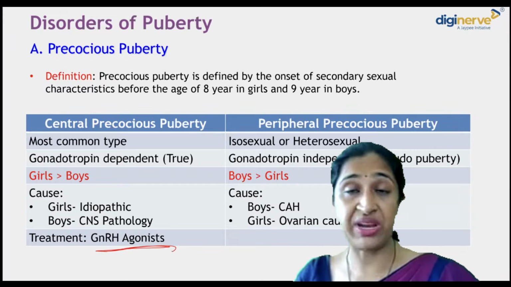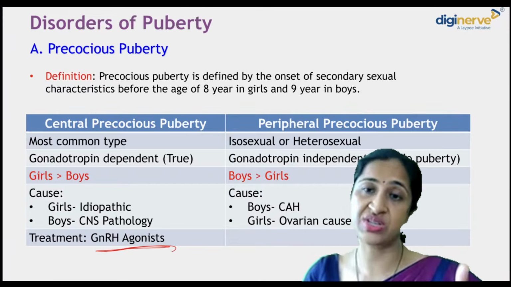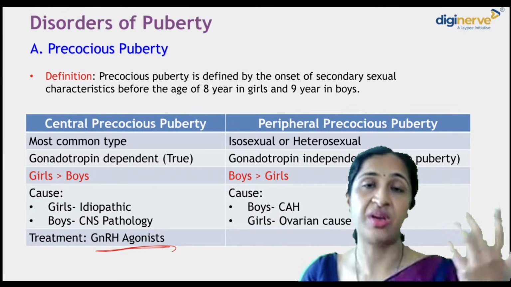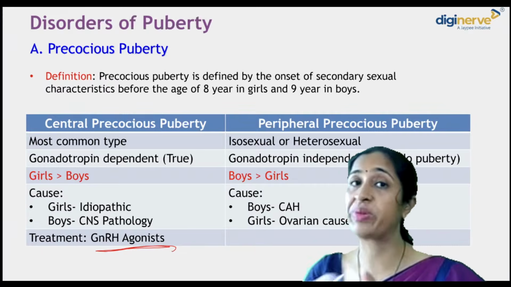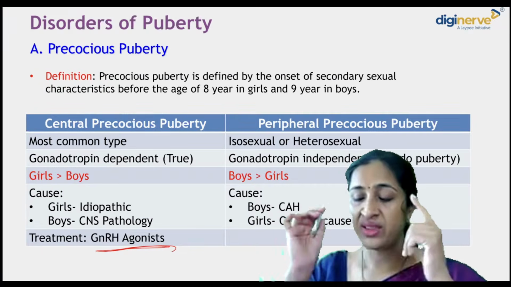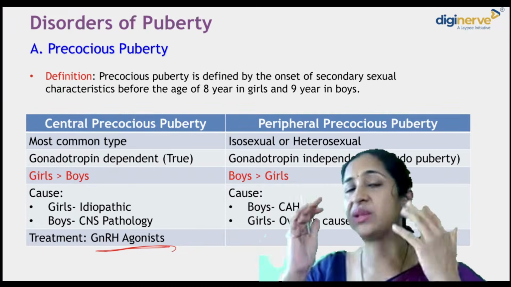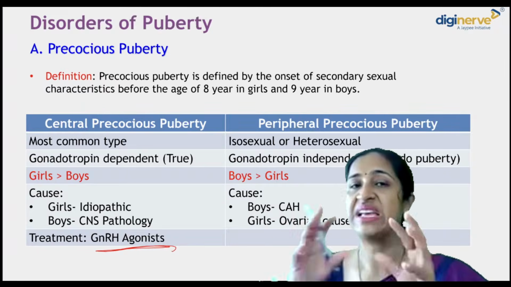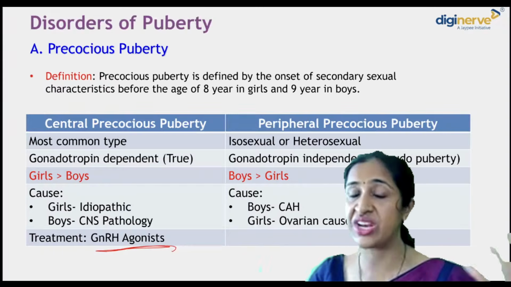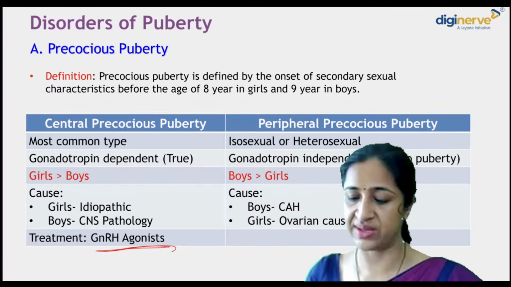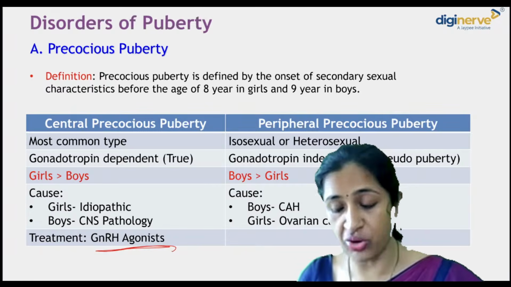Now, in peripheral precocity, it is isosexual or heterosexual, depending upon what type of precocity it is. This is gonadotropin independent, which means the brain and the pubertal growth do not drive this. The hormone secreting organs are in the peripheral organs, genital organs, or otherwise outside them. Here it is more common in boys than in girls.